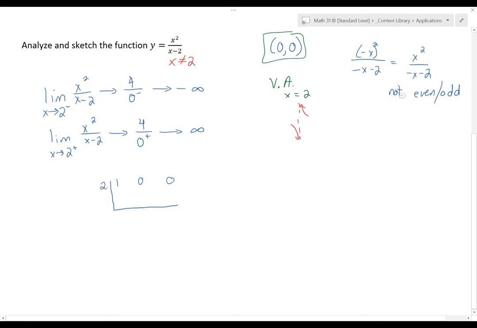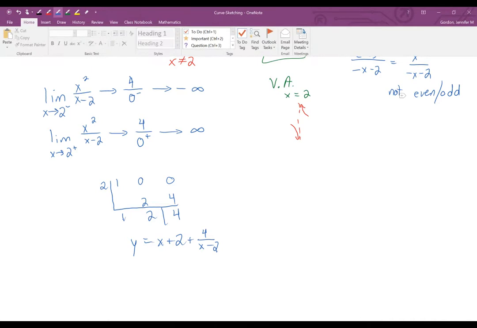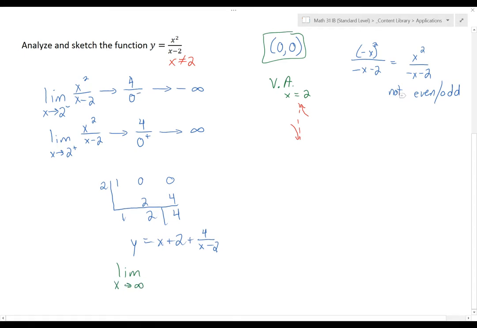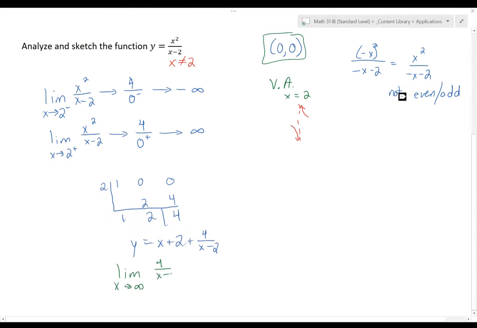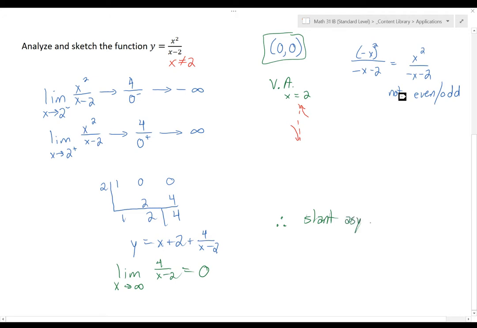So when I do my division, I get this, which means that y is equivalent to x plus 2 plus 4 over x minus 2, which means that when I take the limit as x approaches infinity of 4 over x minus 2, that is equal to 0. So what that tells me is that there is a slant asymptote at y equals x plus 2.